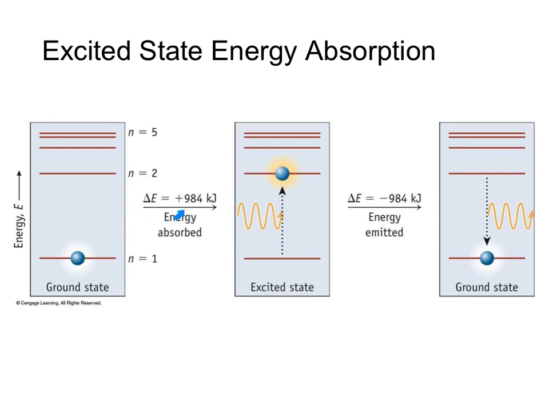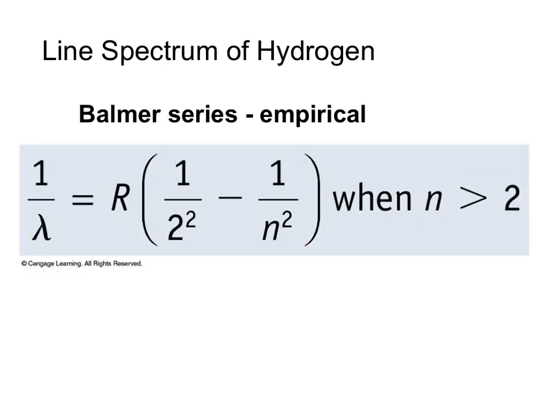It absorbs enough energy, in this case 984 kilojoules, to send it up to an excited state, and almost immediately drops back down to the ground state, releasing that energy that it had taken in. And the Balmer equation gives us a way to calculate the wavelength of that energy release.